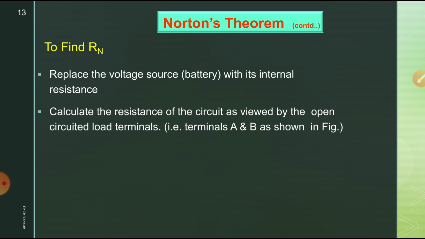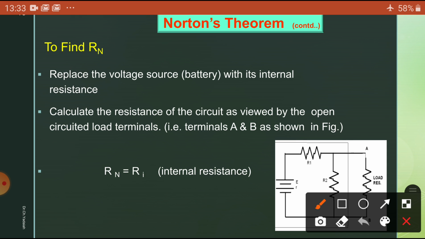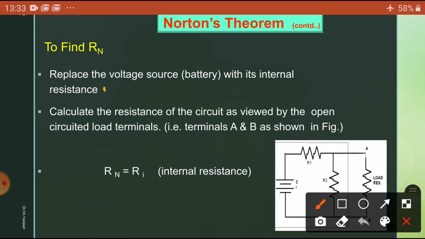For the same circuit here, you can see, what happens? We replace the voltage source battery with its internal resistance. If it has internal resistance, just represent it. Here small r is given, you can see here. Small r is the internal resistance.